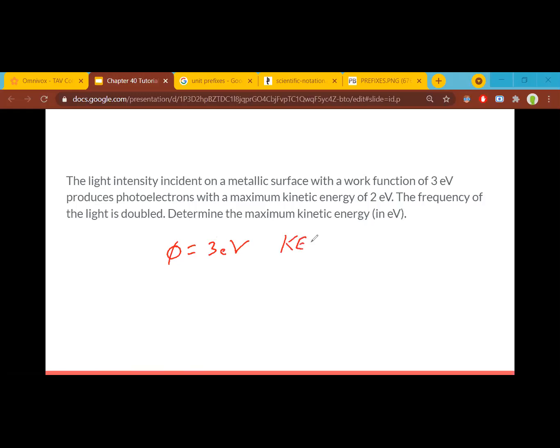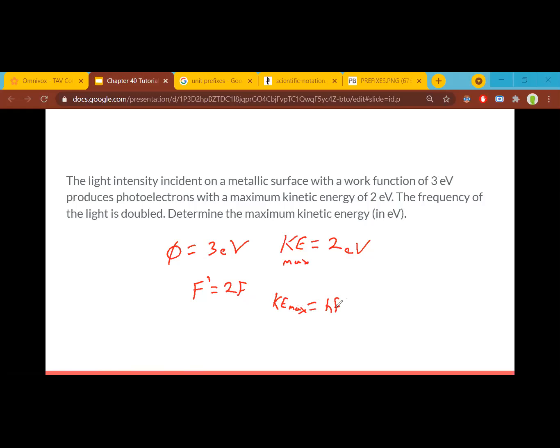Initially there's photoelectrons with a maximum kinetic energy of 2 electron volts. And now you're told that the frequency of light is doubled. So the frequency, whatever it was, is now twice the old frequency. And the relationship between all this, because you're trying to find the maximum kinetic energy, is the Einstein formula, which is always what we're going to use for pretty much all these questions.